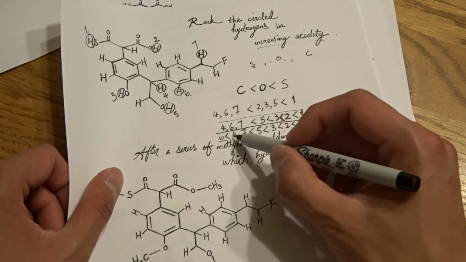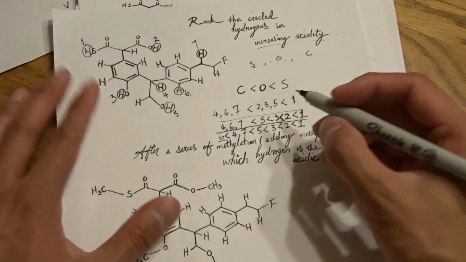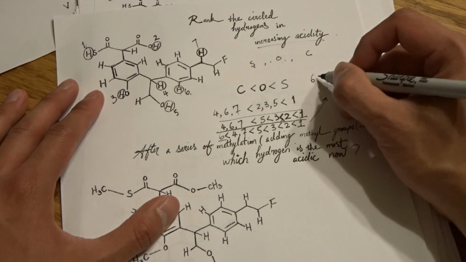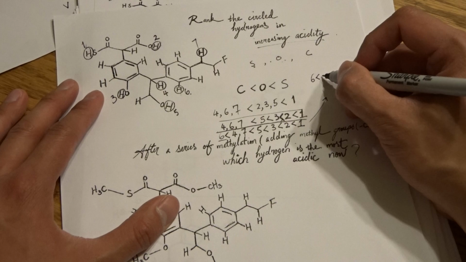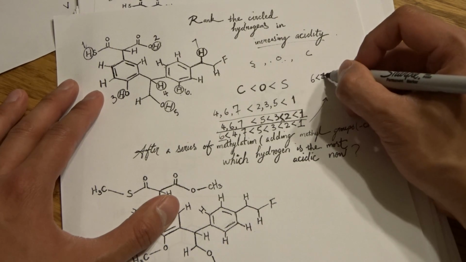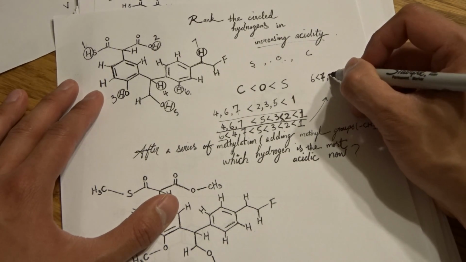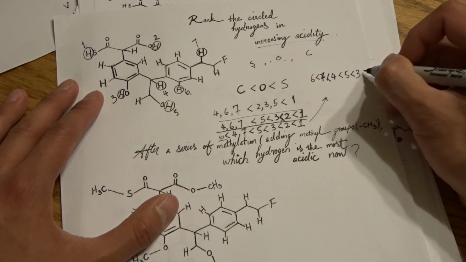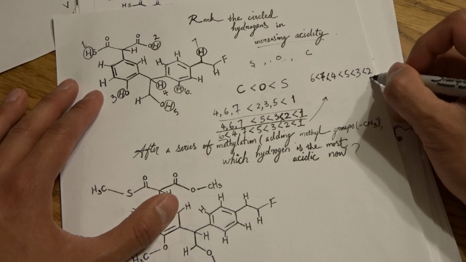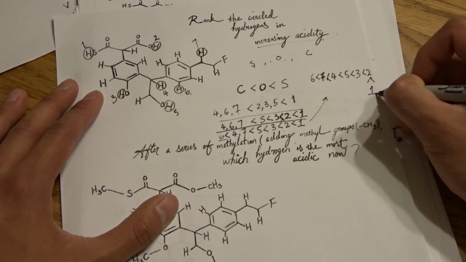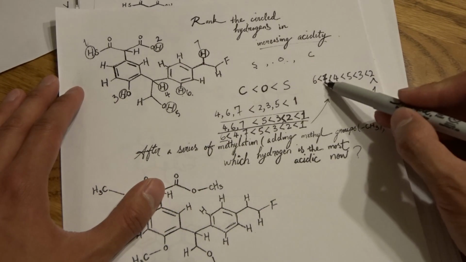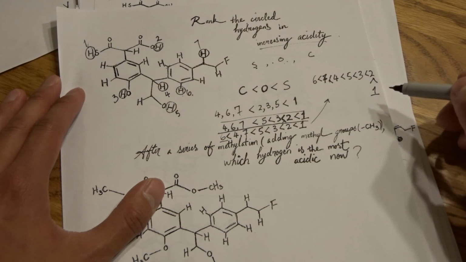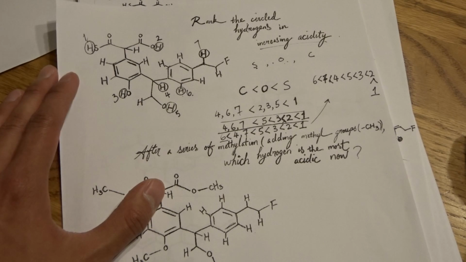So now we can refine our ranking between these two, to the final ranking of 7, 4, 5, 3, 2, and 1 is our most acidic. So 6 is our least acidic hydrogen, and 1 is our most acidic hydrogen.